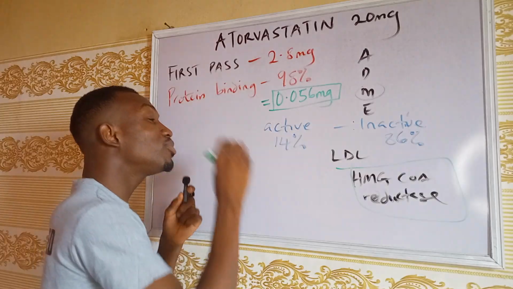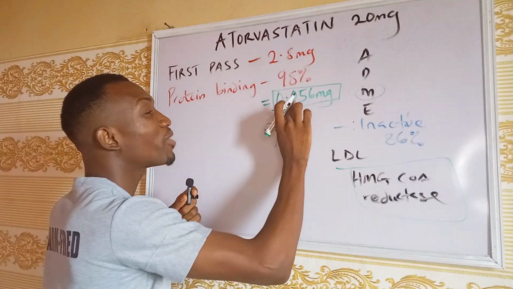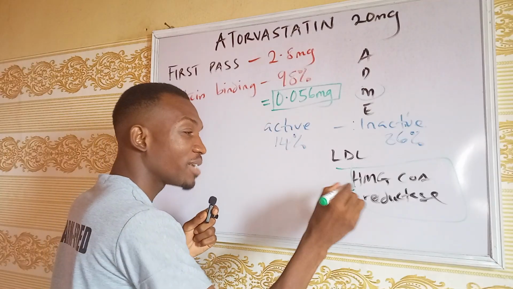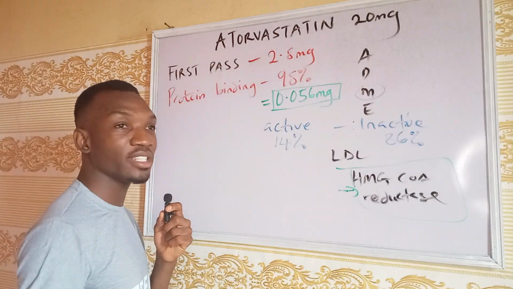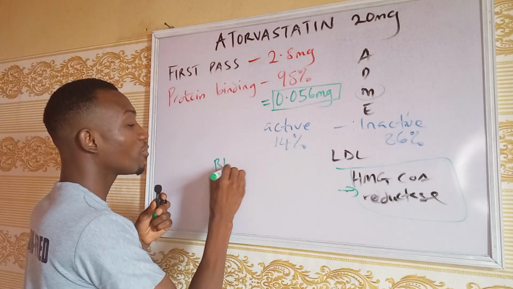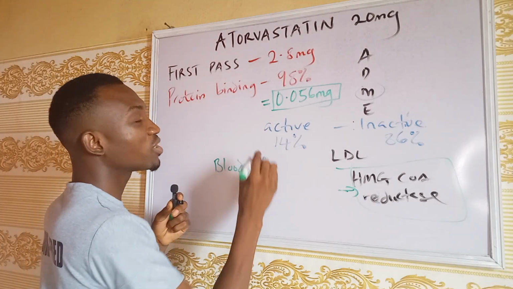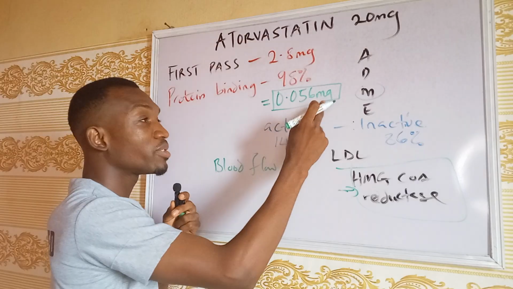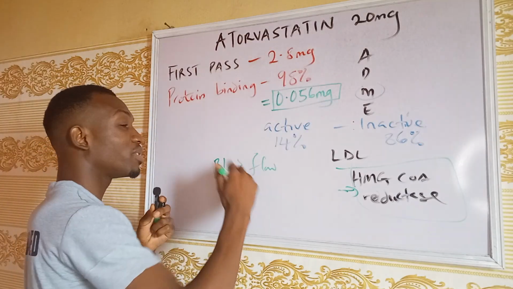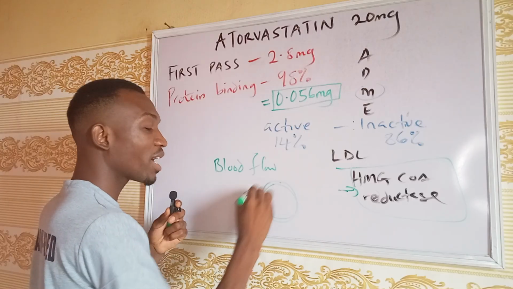Even then, not all of this amount goes to your liver and stops this enzyme from working, because of several factors. Let me try to explain. The amount of blood flow determines how much of this 0.056 milligram gets to your liver. Even when it gets to your liver, it still has to react with the liver cells.